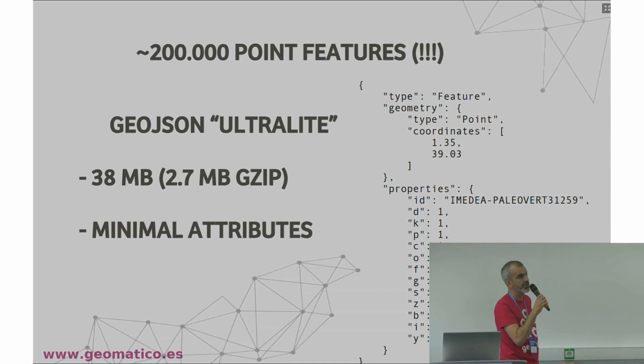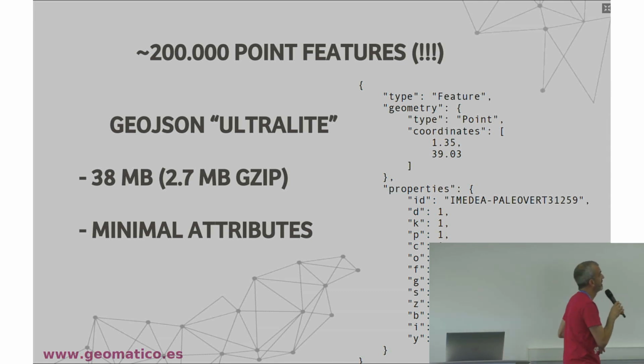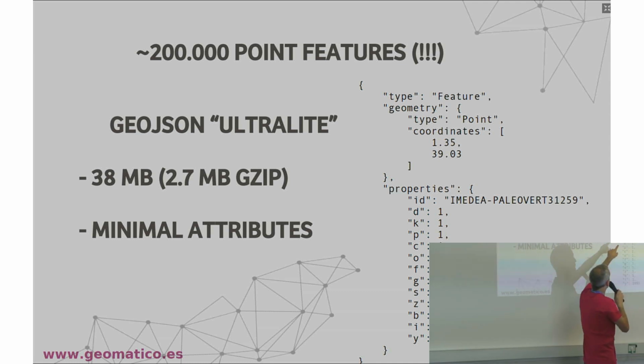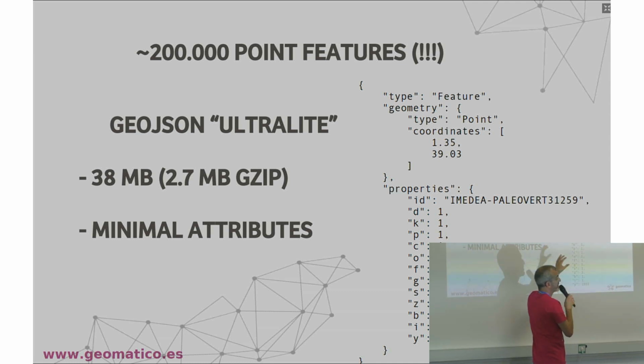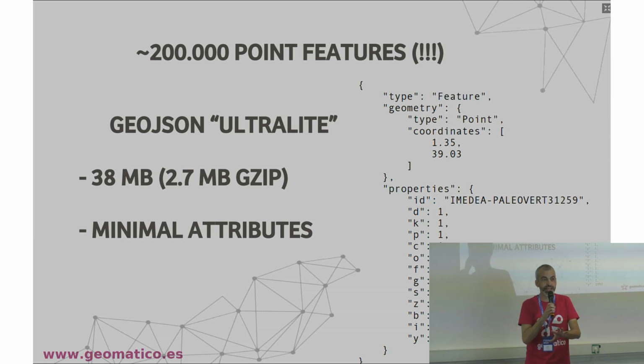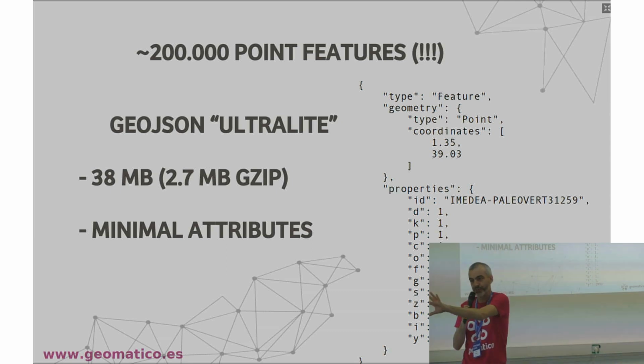To make a very light GeoJSON, to cook the data so that it's much, much lighter. We only used the attributes that we really needed, so fewer attributes. We simplified the coordinates, because we don't care so much if the animal is exactly here or 10 meters away.